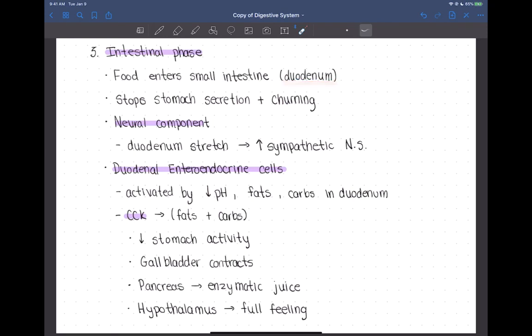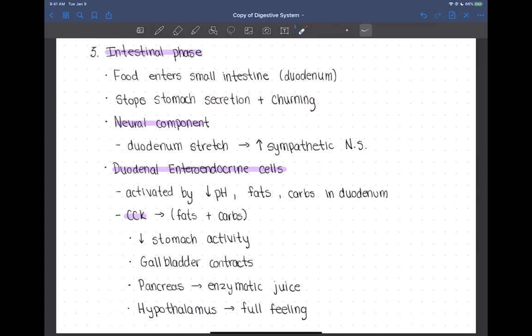And so when food enters the duodenum, that will tell the stomach that its job is done, right? It's converted that bolus into chyme, because only once that bolus has been converted to chyme can it actually pass into the duodenum. And so the stomach will stop its secreting and its churning actions at that point.